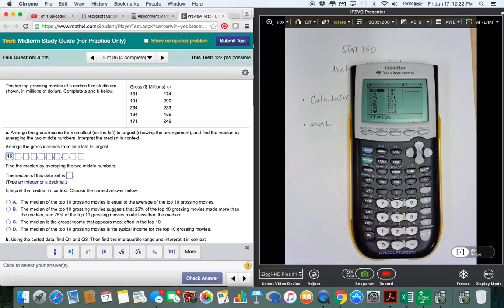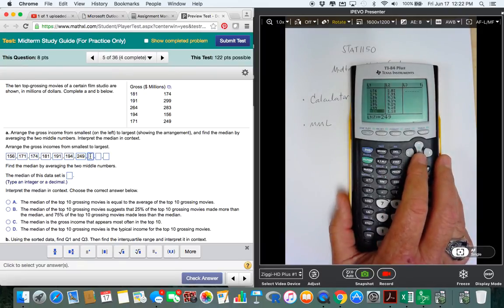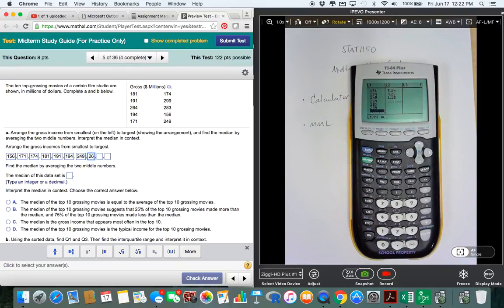So this is going to be a little bit annoying right here, but 156, 171, 174, 181, 191, 194, 249, 264, 283, and 299.